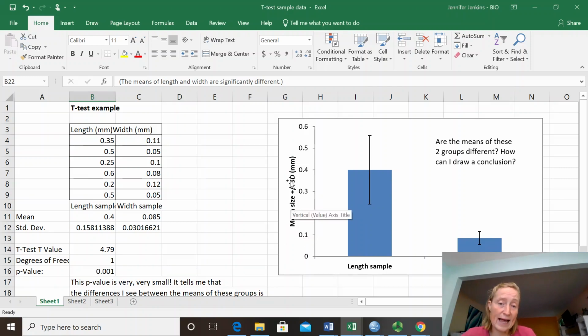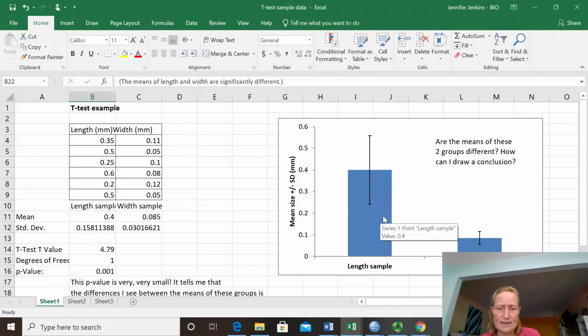I looked at mean size plus or minus the standard deviation in millimeters for my length sample and my width sample. You can see that this mean is, well, it might be exactly 0.4 millimeters. And the width sample is less than 0.1 millimeters. And there's our variation, lots of variation in the length sample.